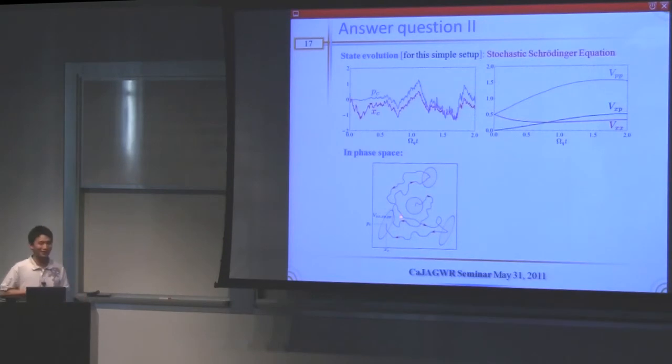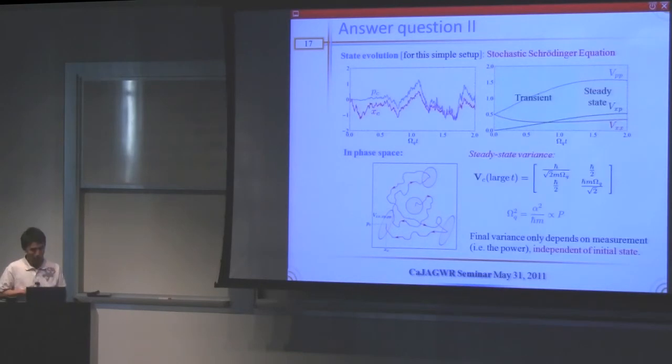Because of interaction, I also create a correlation between position and momentum. In the phase space, I start with a nice circle here, and then because of measurement, you kick it around, start to random walk, and the quantum state evolves. You can say that this is like a quantum state collapse, but you just have a dynamic model for it. Basically this noisy ellipse is going to evolve, and finally at the final time, it becomes steady.